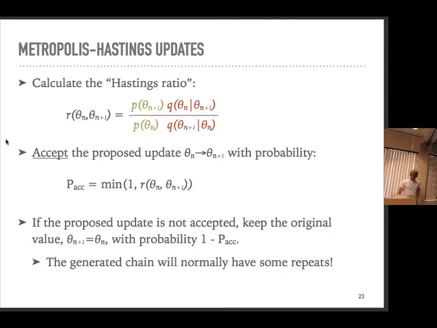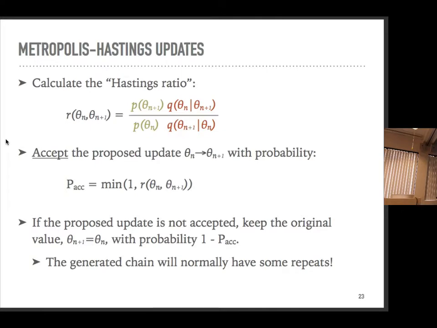The next part of the Metropolis-Hastings algorithm is you calculate this thing called the Hastings ratio. This is the main thing that Hastings added to the work Metropolis had already done. It's a function of both the current parameters and the new parameters. I colored it here so you can clearly see the two ingredients.